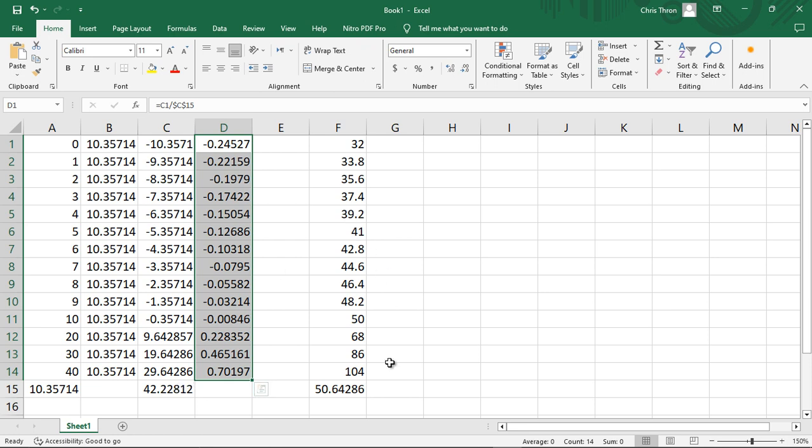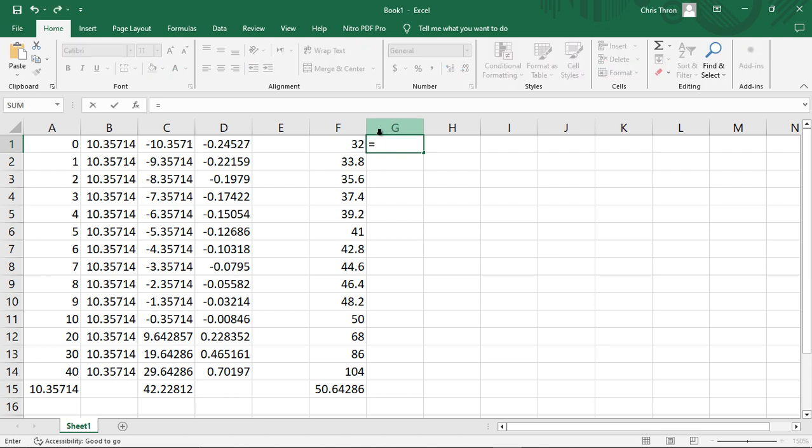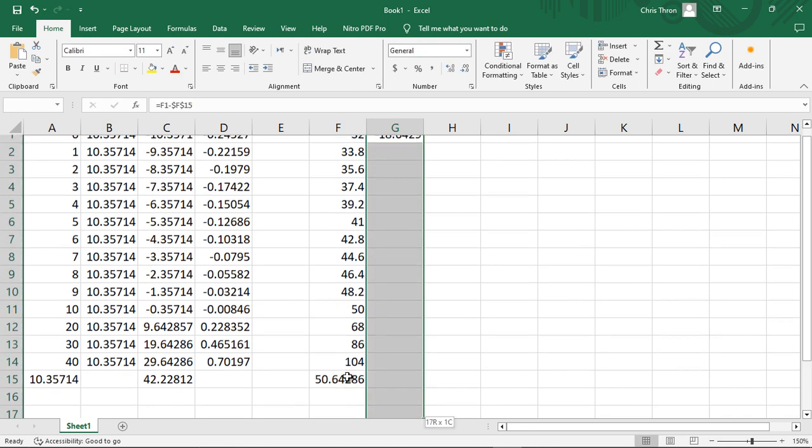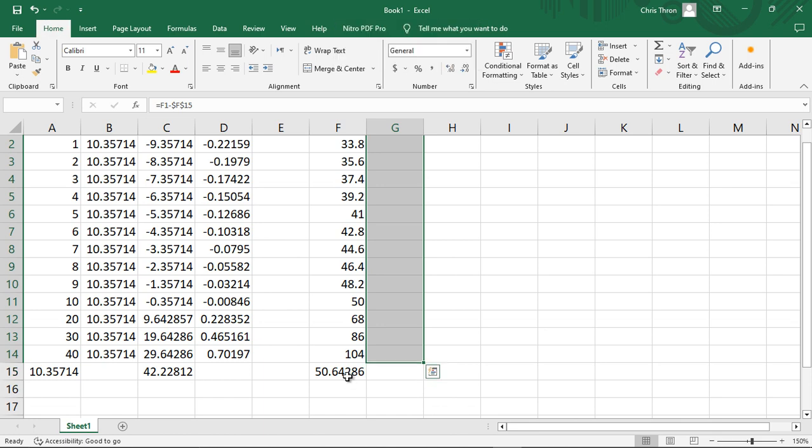All right, so let me see if I can do the same thing on this here. Rather than making a column like this, I can just directly subtract the mean. So this is going to be equal to this minus the mean value here. I'll pull down.